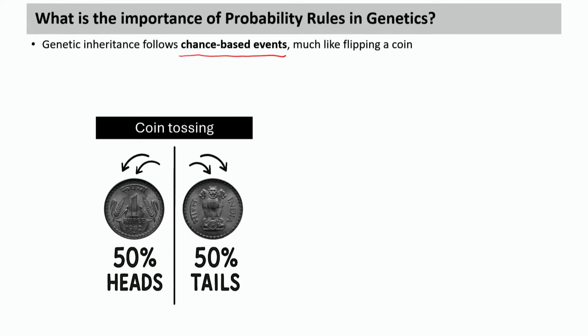That is what we have discussed in previous classes, but today we are going to talk about the more statistical basis of that. Let's take the example of a coin toss where there is a head and a tail, and if you toss a coin one time, there are equal chances of getting either head or tail. We can say 50% chance of getting head or 50% chance of getting tail, or they have 0.5 frequency each.